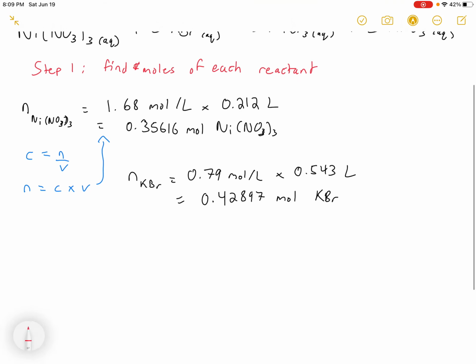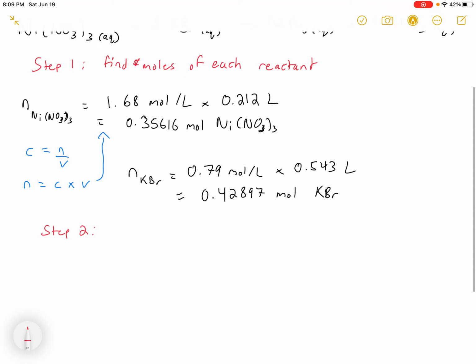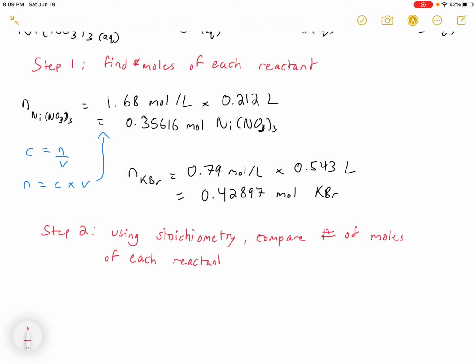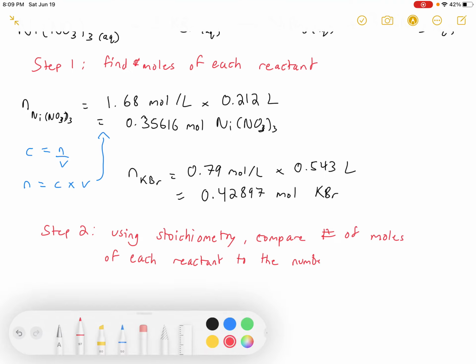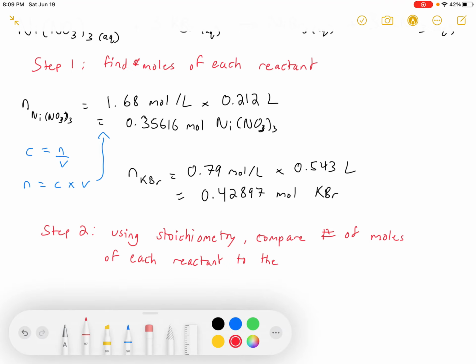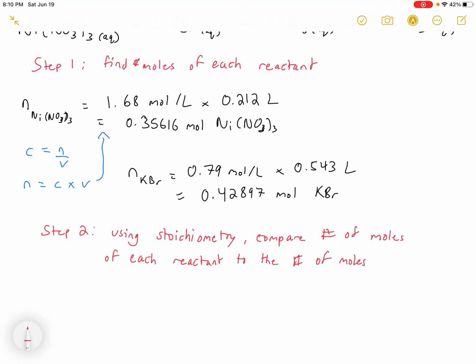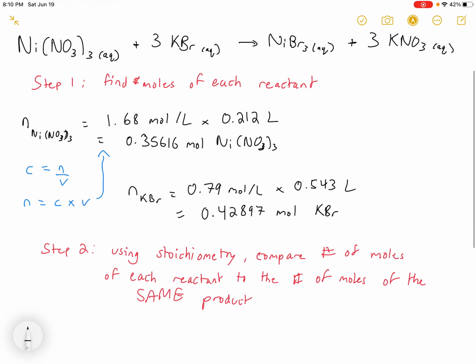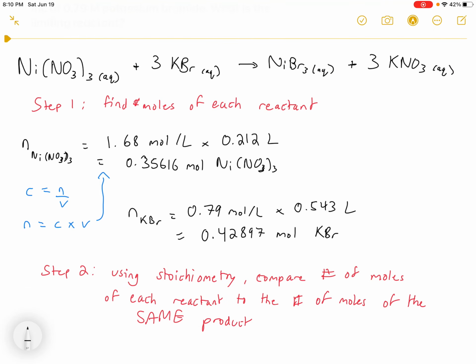So this leads us to our second step. Using stoichiometry, we will compare the number of moles of each reactant to the number of moles of the same product.